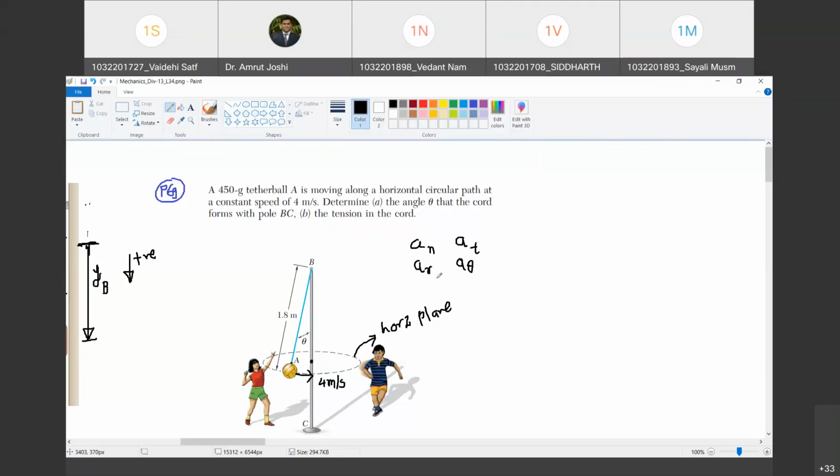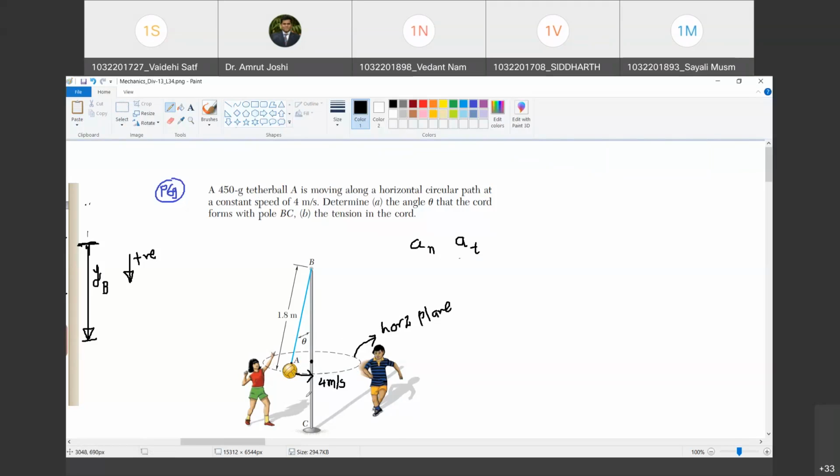Yes, sir. Okay. So now, if the speed is constant, which of these two accelerations is zero? Can you tell me? When an object is moving on a circular path or on a curved path, the rate of change of its speed is the tangential acceleration.